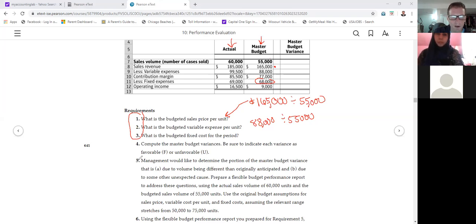So our focus here, I'm going to circle this, we're going to do number 4 and number 5 kind of together. But when I look at number 5, I'm just going to page down. They want us to prepare a flexible budget performance report at that 60,000 units, which is the actual results. Okay.